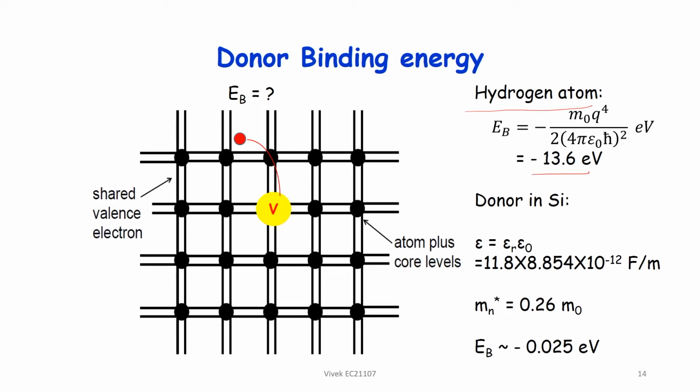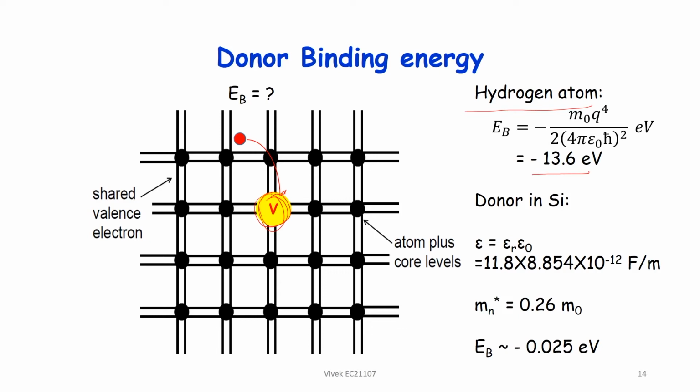So you can compare this impurity atom, group 5 atom, to a hydrogen atom, not exactly, but similar to that. So it has one electron which is loosely bound. So if this loosely bound electron is there, what will be the energy of this electron?